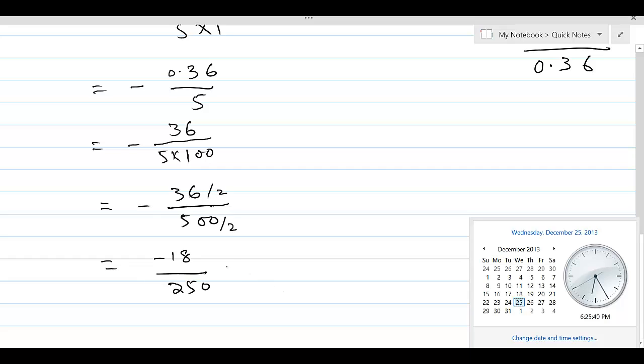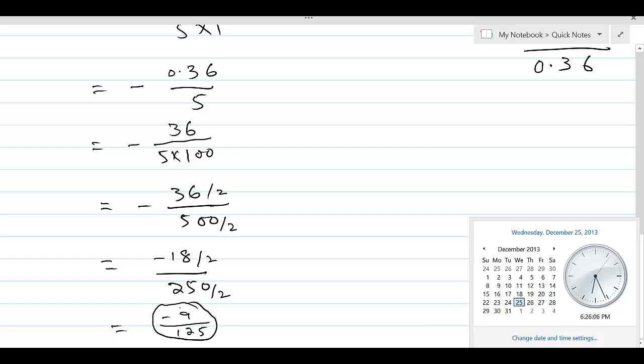Still both are even, and two even numbers will always have 2 as a common factor. So we further divide it with 2 and we further divide it with 2. This will give us minus 9, and this will give us 125. So probably they are in the lowest form, and this should be the answer for question number 6.